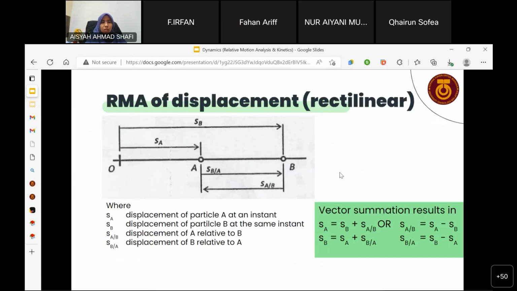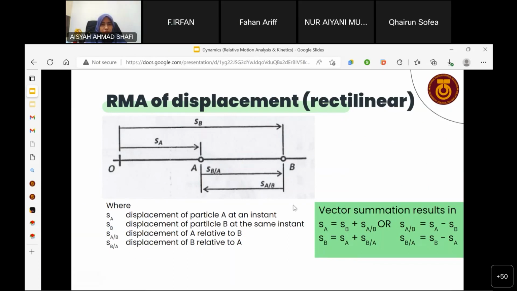Okay, so RMA is relative motion analysis. For displacement, this means position when we learned in rectilinear. For relative motion analysis of displacement, if we have the displacement of A and displacement of B, then the displacement of A relative to B is S_AB.